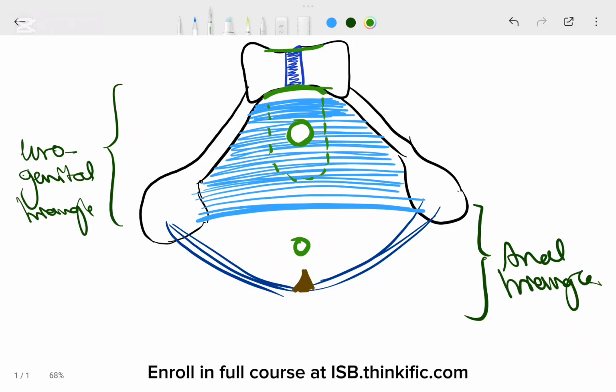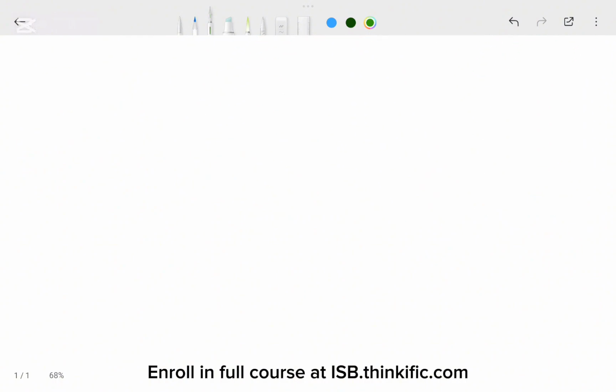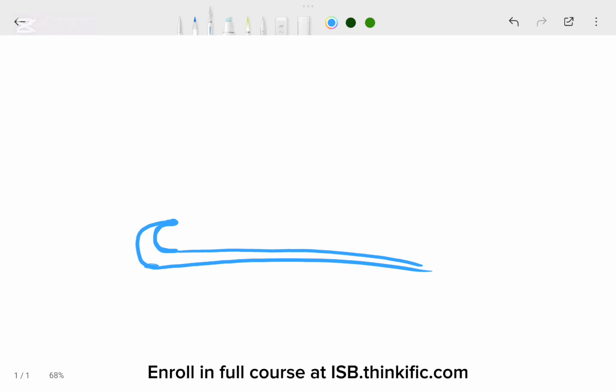Now the space between the levator ani and the perineal membrane is called the deep perineal pouch. So I'm going to draw the perineal membrane here, as you are viewing it from the side.